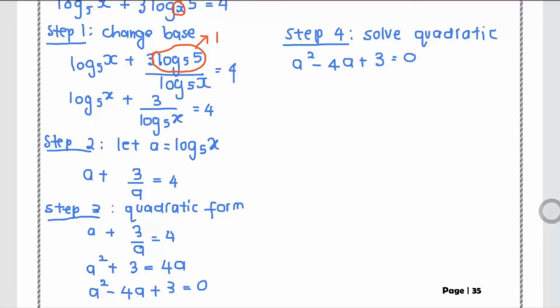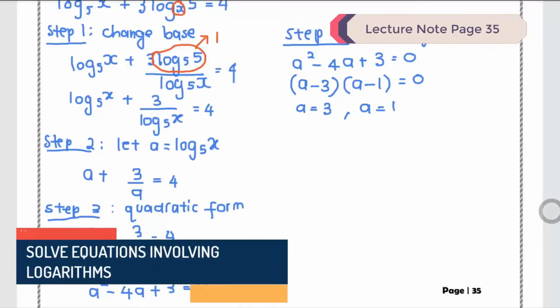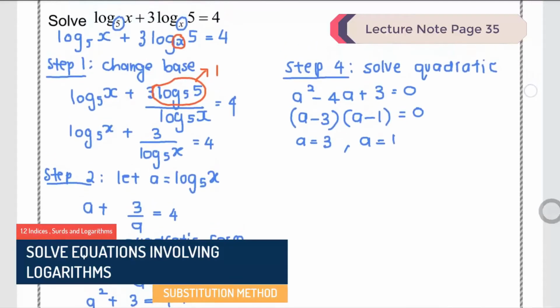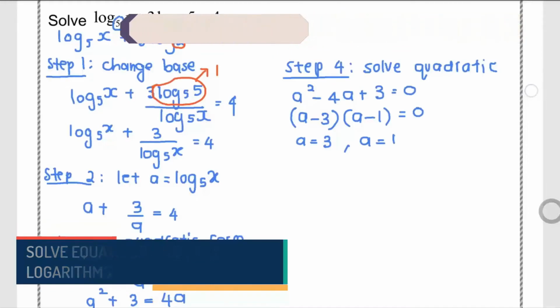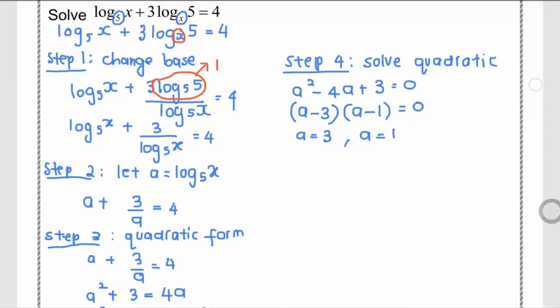By using the calculator, we will have (a minus 3)(a minus 1) equals 0 as our factors. Then we will have a equals 3 and a equals 1. Then we need to remember that we don't have a in our question. We only have x, and we need to solve for x. But now we only have a.